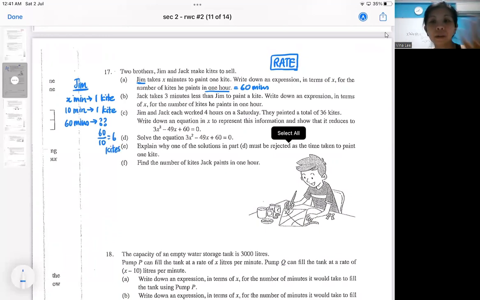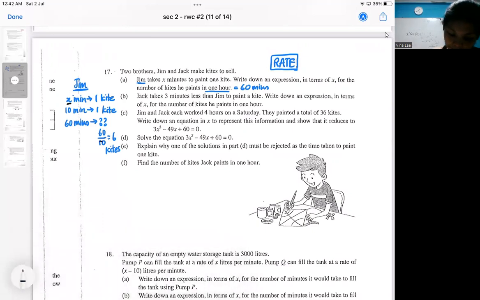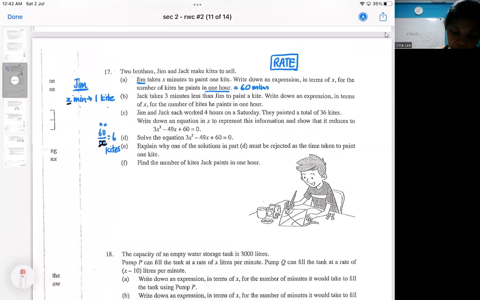So if you use the number 10, you can process very fast. Now you replace the number 10 with the X, and that will be the number of kites. With this idea, you don't use 10 minutes anymore. The 10 minutes is just helping you to process.